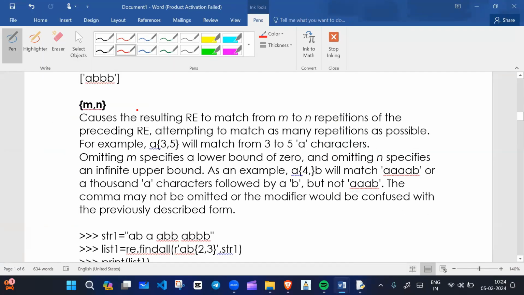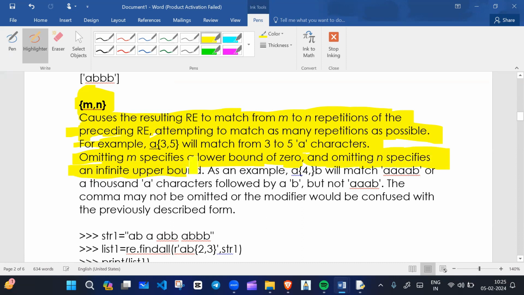And now we have curly braces M, N. Curly braces M comma N causes the resulting regular expression to match from M to N repetitions of the preceding regular expression, attempting to match as many repetitions as possible. For example, A 3 comma 5 will match from 3 to 5 A characters. Omitting M specifies a lower bound of 0, and omitting N specifies an infinite upper bound.